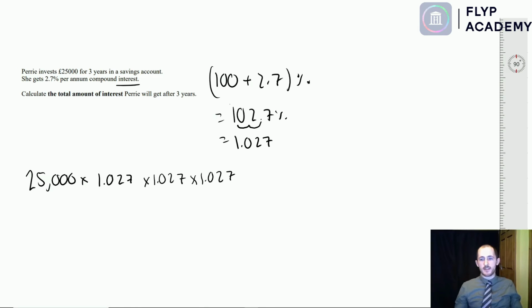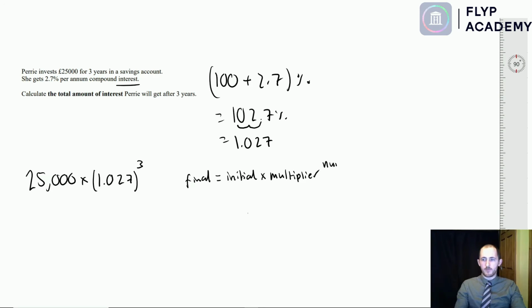Instead of writing that, because it's a bit long and tedious, all you need to do is put brackets and put it to the number of years. So if you want a kind of formula, the final amount equals the initial amount times your multiplier to the power of the number of years you're investing, or the number of years past, whatever you want to call it, right?